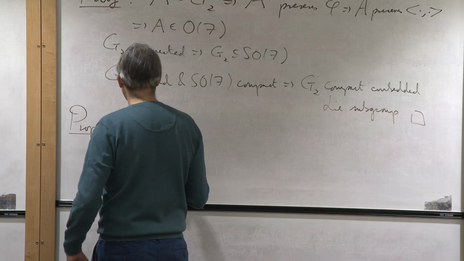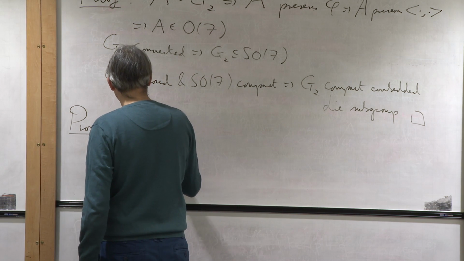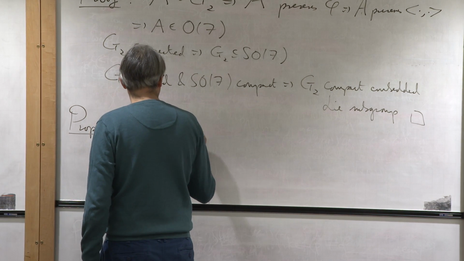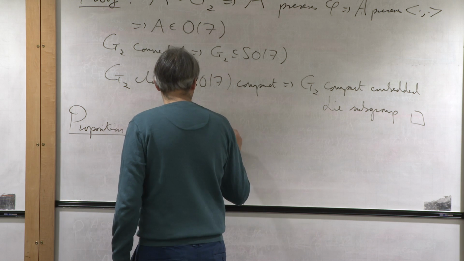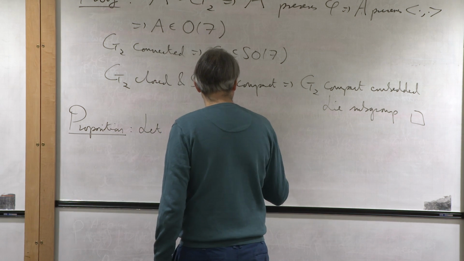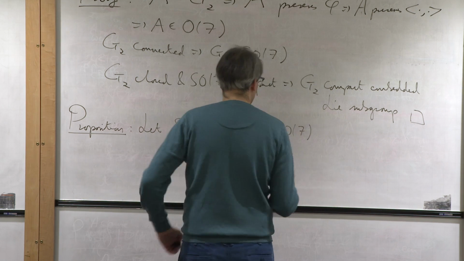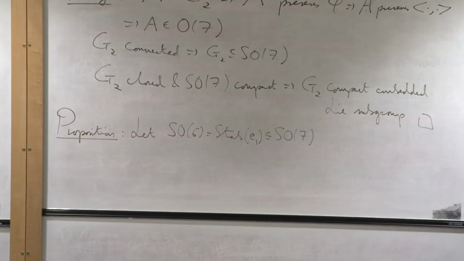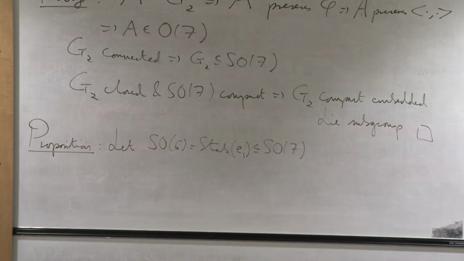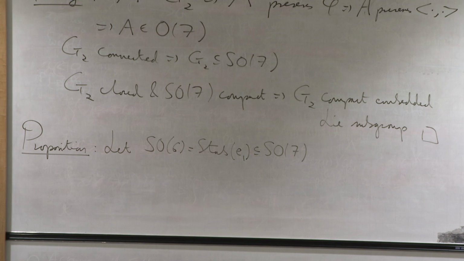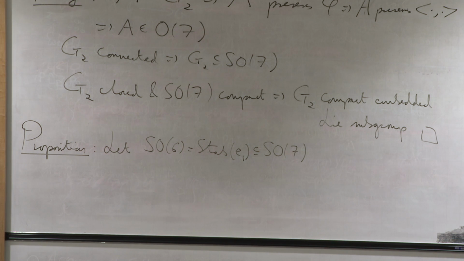And this is a very nice fact. Let SO6 be the stabilizer of the vector E1 contained in SO7. So I look at all the matrices that fix the first vector. They look like 1 and then some SO6 matrix.